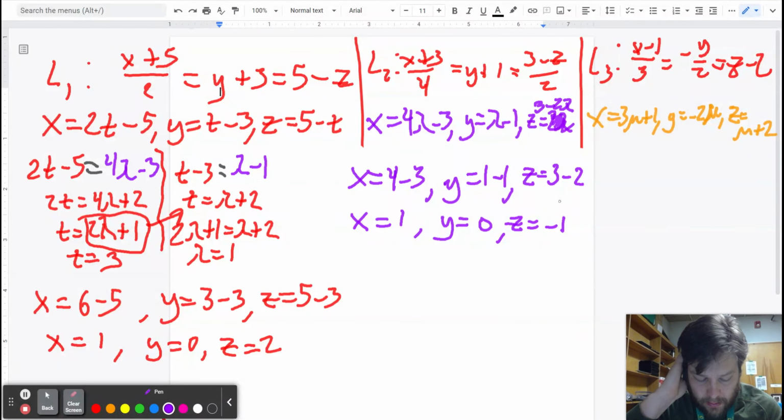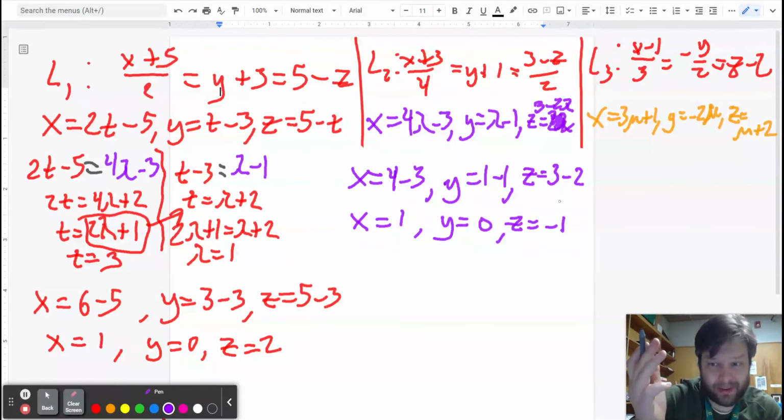Did I copy it down wrong? Nope. 4 lambda minus 3, lambda minus 1. That's pretty straightforward. And after I found the t value, I substituted it correctly. I divided by 2 correctly. Great. I'm just double checking because if you copy something down wrong, then everything else goes haywire.